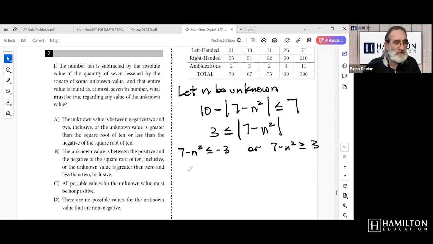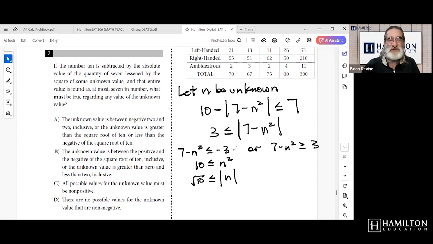So we'll solve this. If I add 3 to both sides and add n squared to both sides of the inequality on the left side here, I'm going to get 10 is less than or equal to n squared. And if I take the square root of both sides, I'm going to get root 10 is less than or equal to the absolute value of n.